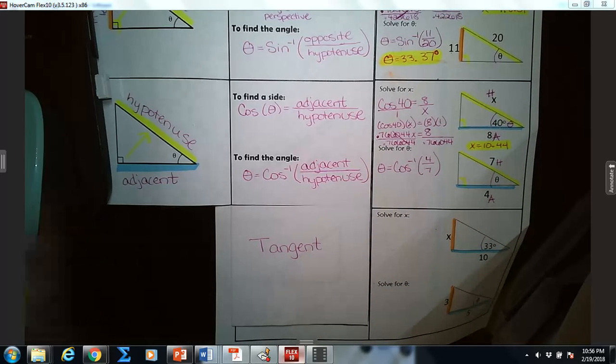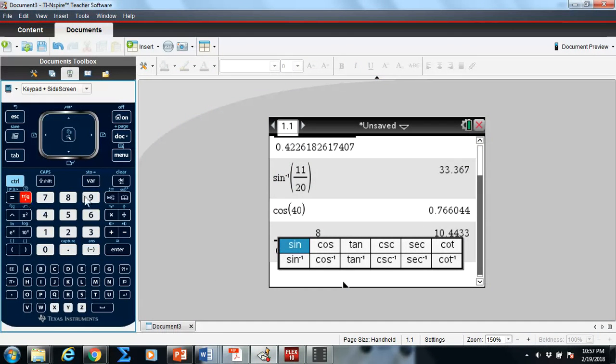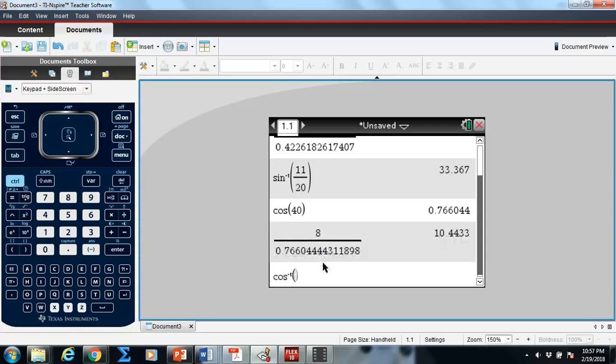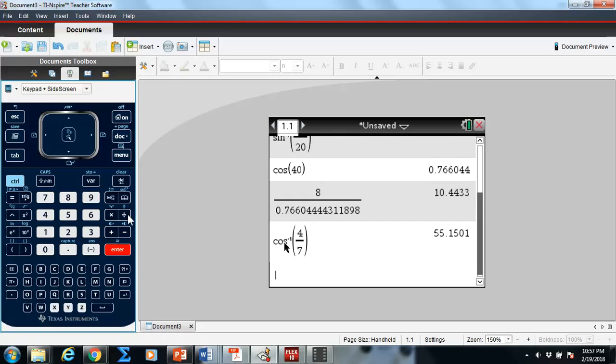All right, switching screens over to the calculator. Cosine inverse, find it in the trig button. Cosine inverse of the fraction 4 over 7. That's a one-step problem.